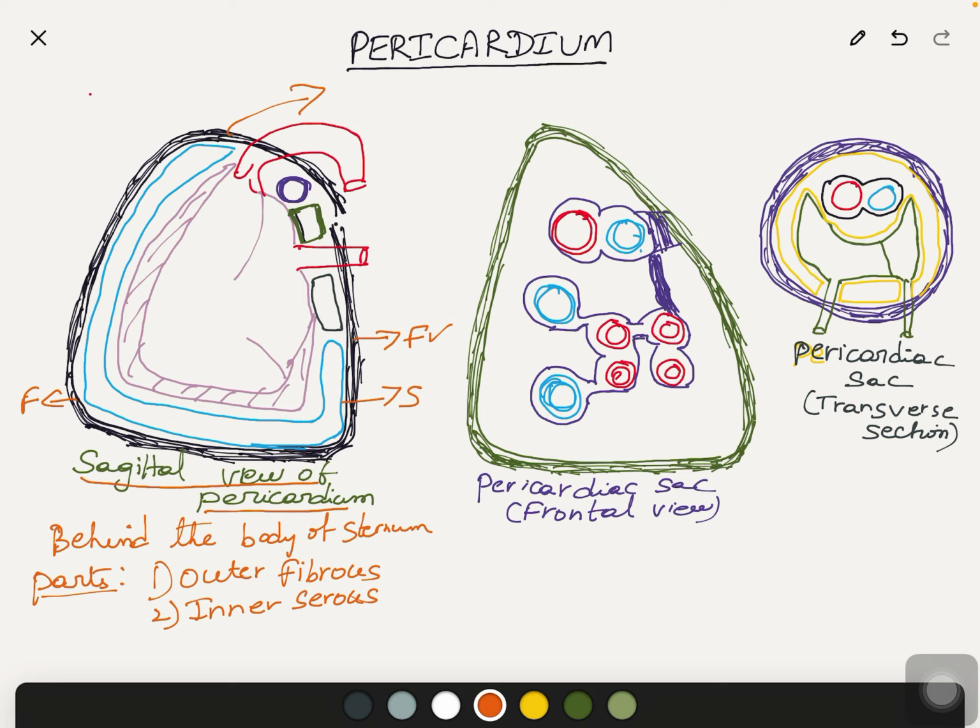Students should note the apex of the fibrous pericardium is above, but the apex of the heart is to the left. So both are different. What is the function of the fibrous pericardium? It keeps the heart in position and helps to prevent over distension of the heart.